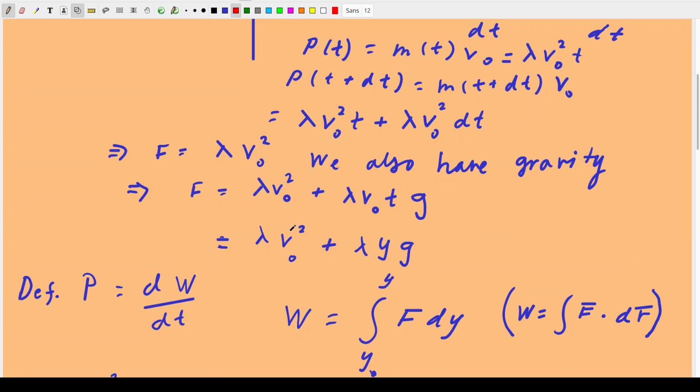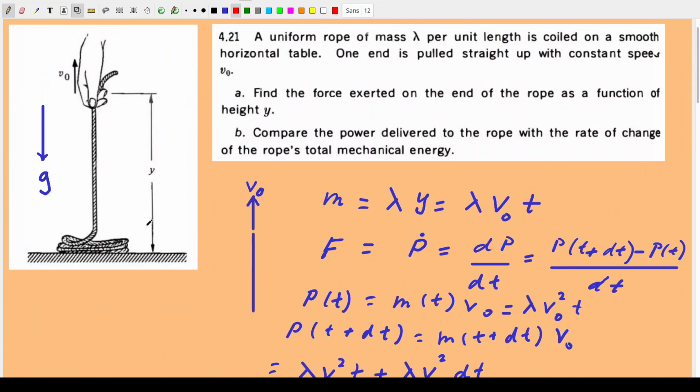Yeah, that is a 2 here, not the 3. It's still lambda v naught squared over here. Okay, and this is the force. So A is done.